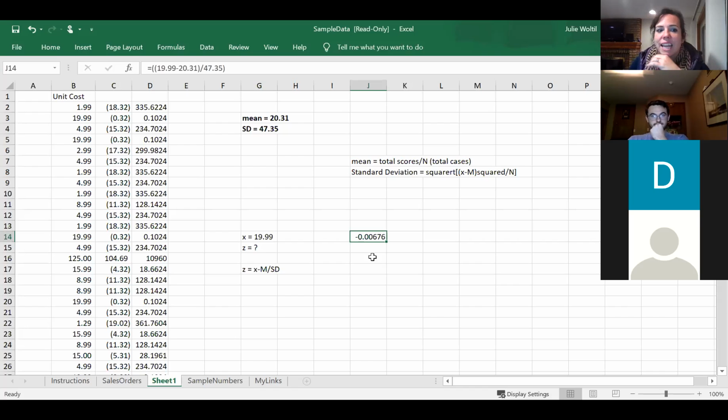And the x that I chose at random was 19.99. Is that close to our actual mean? Yes, very close. So it makes sense that this number would be very close to 0. And it makes sense that it would be negative, because this x is smaller than the mean.